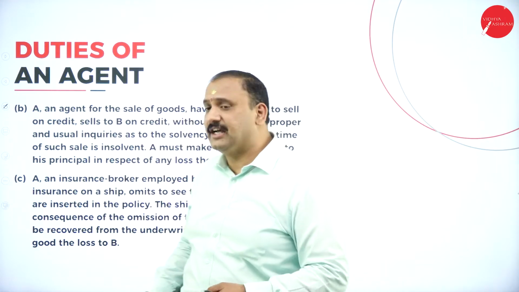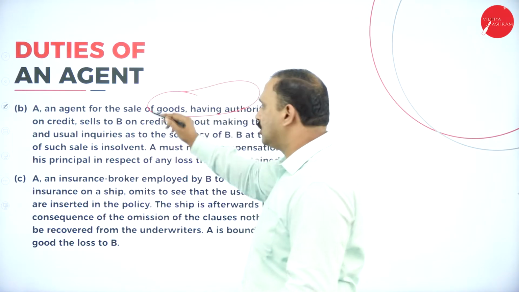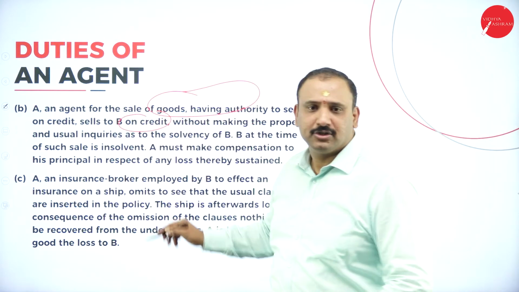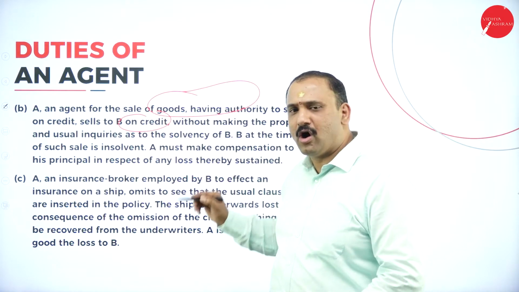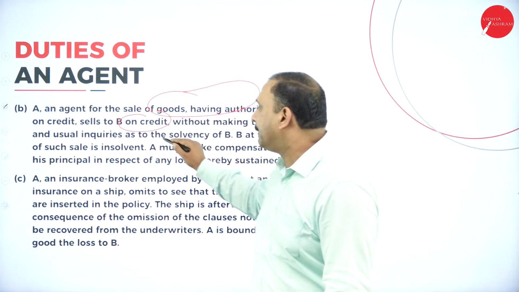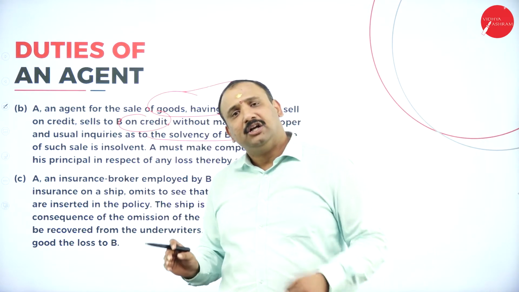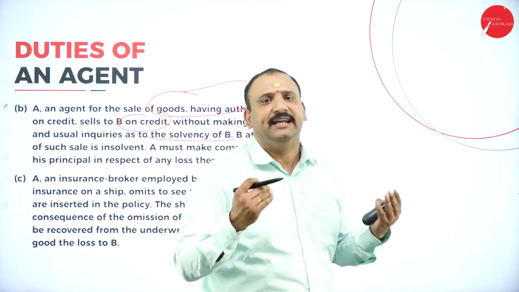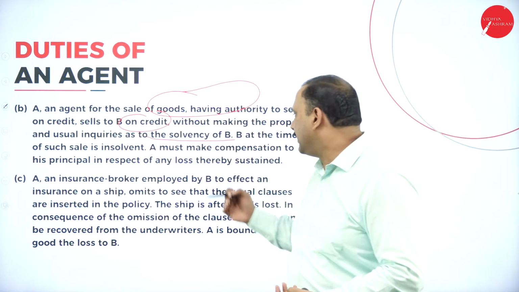Now, moving further, A, as an agent for the sale of goods having authority to sell on credit, sells to B on credit without making proper inquiries about the solvency of B. He just went ahead and sold the goods to B on credit because he just wanted to make a sale. He didn't make a proper diligent report. He did not inquire at all.